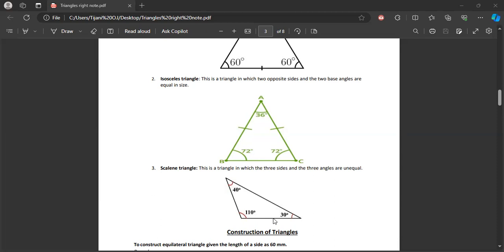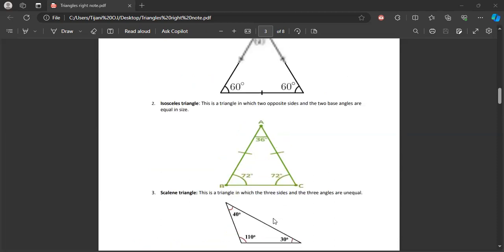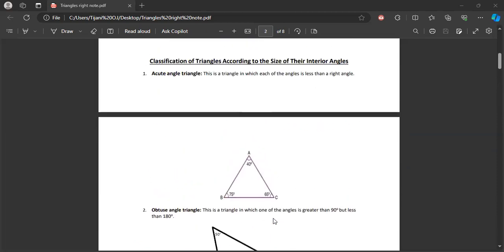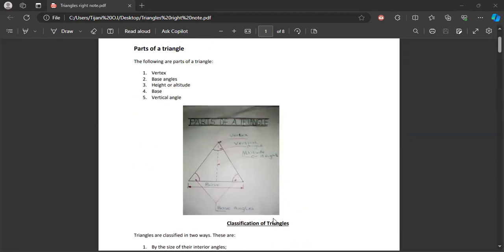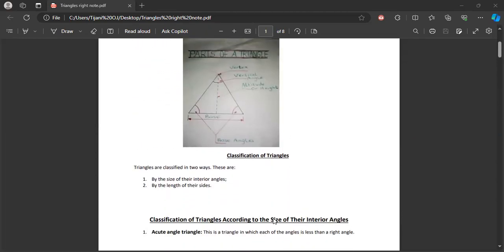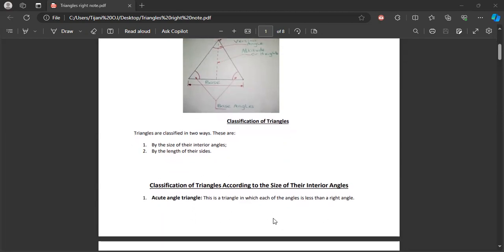So this is the information that I have for you concerning triangles. We started with the definition of a triangle, and then we looked at the parts of a triangle, and we talked about the classification of triangles, which is into two kinds: according to the size of their interior angles and according to the length of their sides.